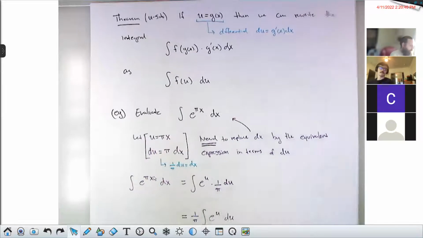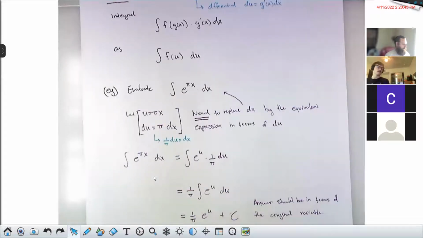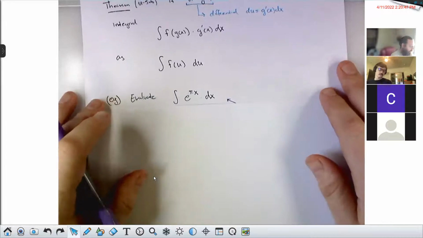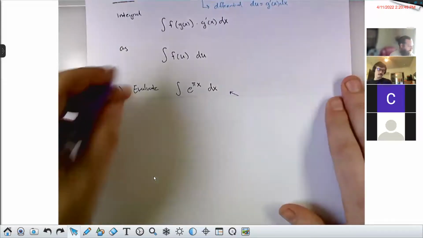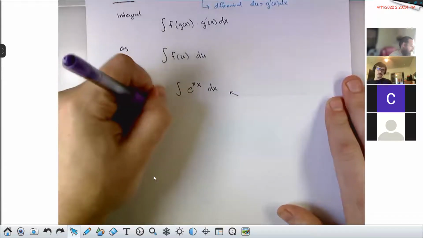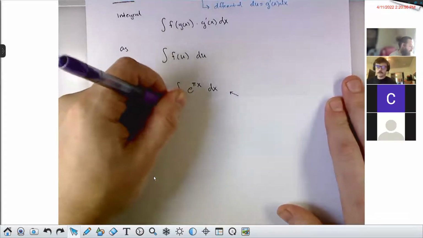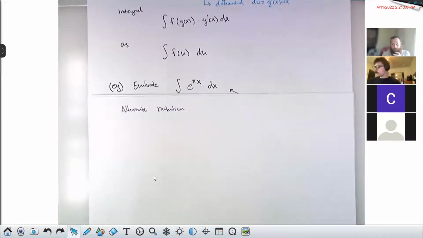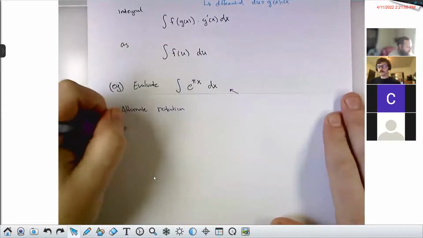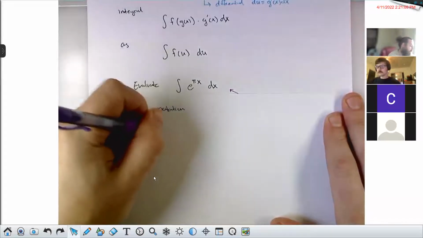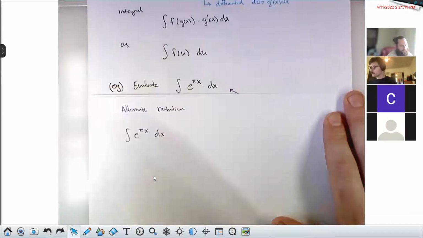So let me show you an alternate way to execute this substitution, an alternate notation. People generally don't like this as much at the start. They generally prefer to solve for dx and plug in. But the way of thinking about this that I'm about to show you is, I believe, the superior way.